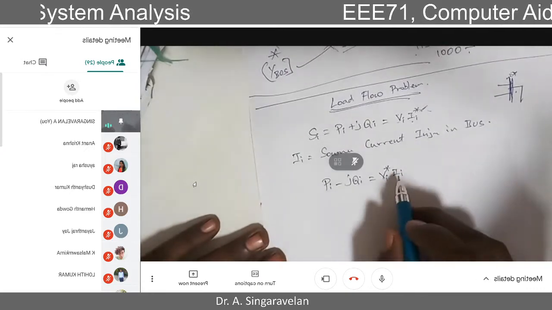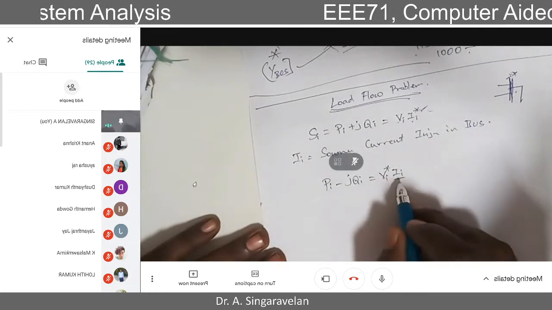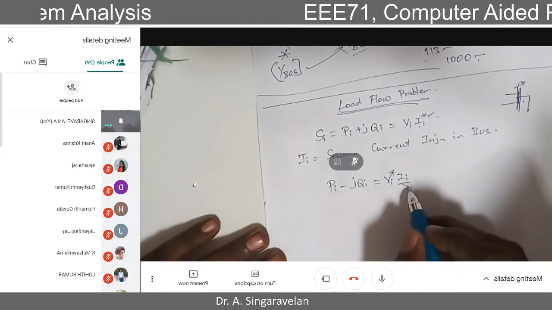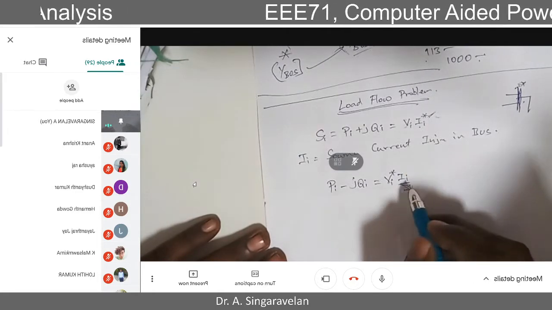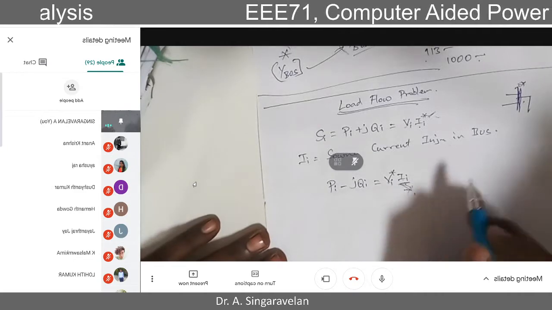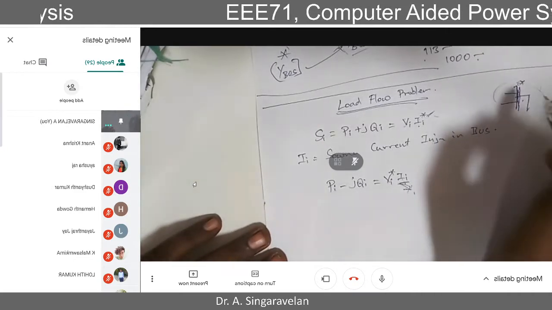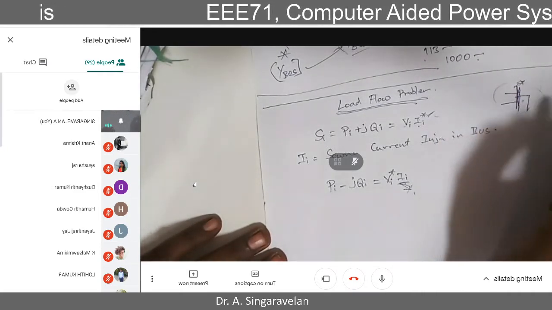Why? Because I need this current value as it is, without any complex form, whatever the value available in this bus. I need only the real value, not a complex value.